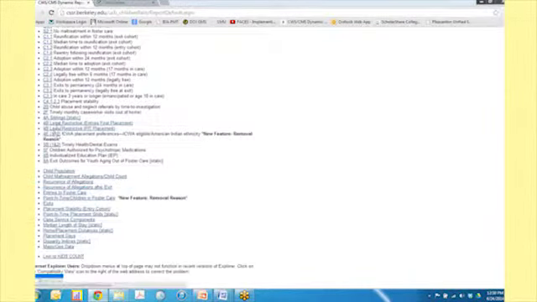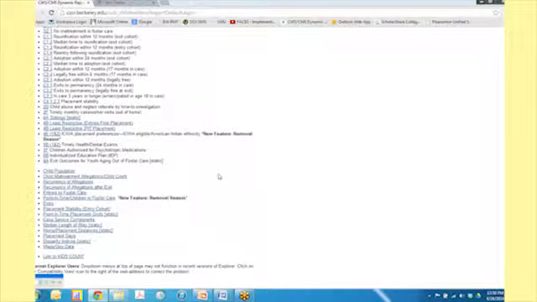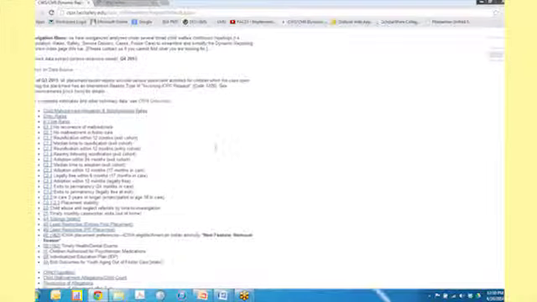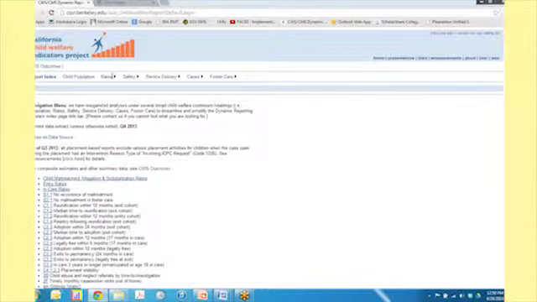If you scroll down and click on this one here, 4E 1 and 2, ICWA placement preferences, that one shows where Indian Child Welfare Act cases, what the children's placements are. And there's a new feature, removal reason. So that's exciting.